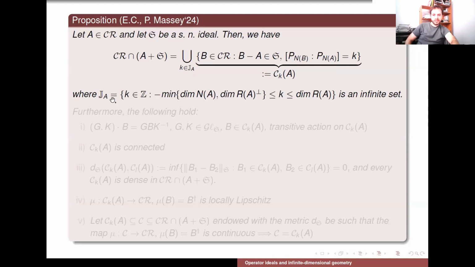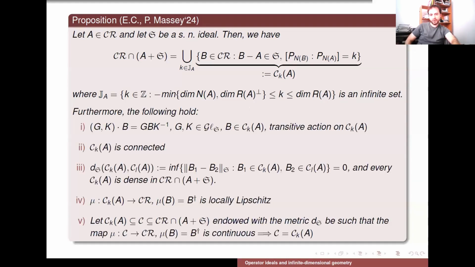We can completely describe that set, and it turns out that in our setting of an infinite dimensional Hilbert space, there are always infinitely many of these sets Ck of A. Some properties of these sets are the following.